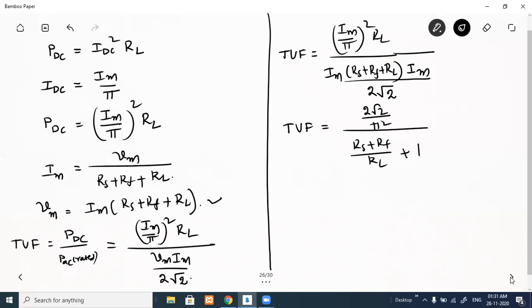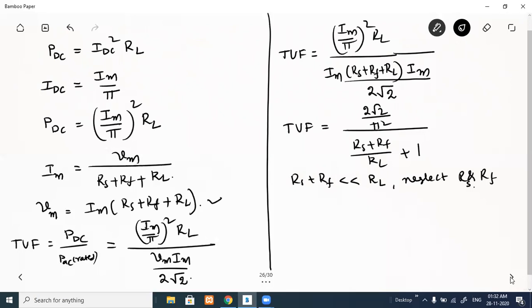Rs and Rf are the internal resistance of secondary winding and diode forward resistance, which is very, very small compared to RL. So we can neglect Rs plus Rf by RL. Rs plus Rf is far less than RL. So neglect Rs and Rf. Those are the internal resistances, very, very small.